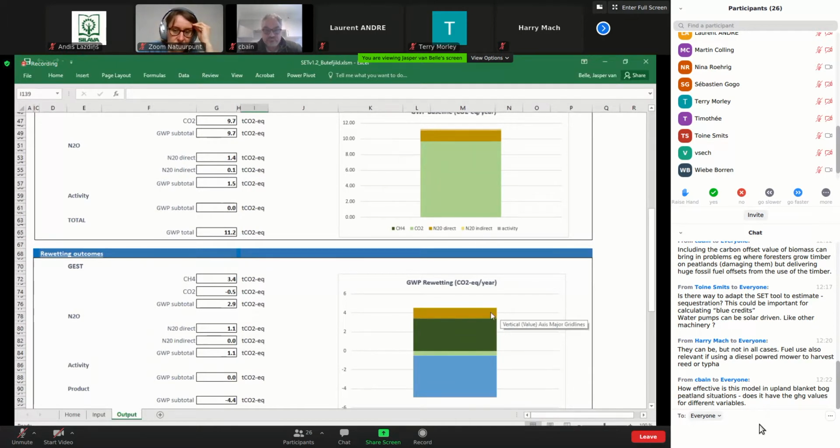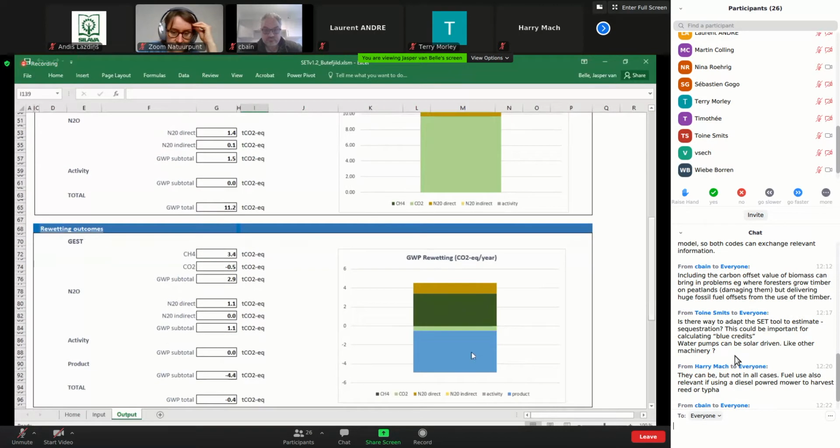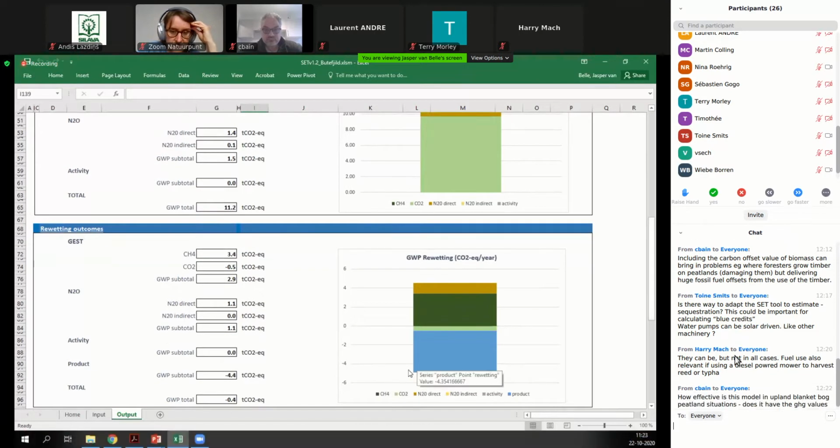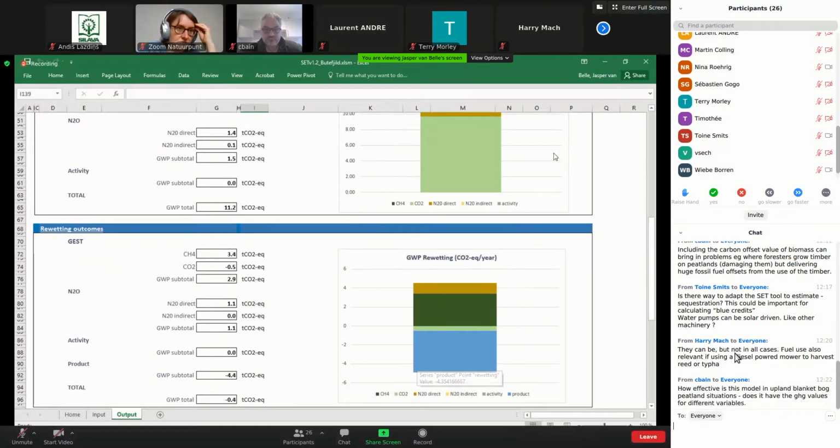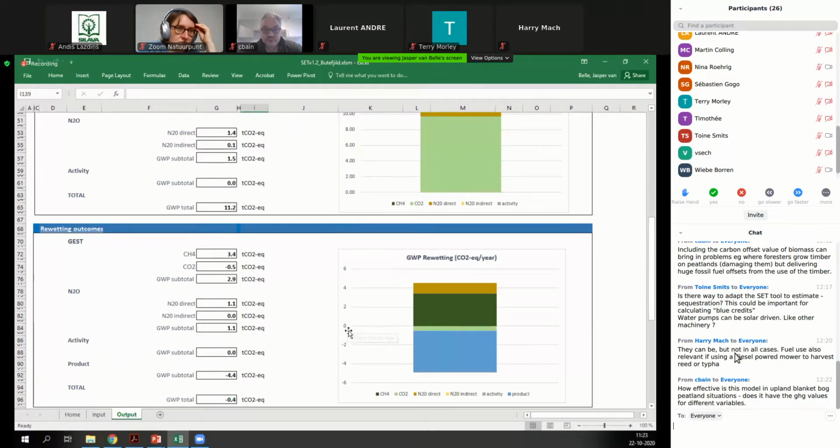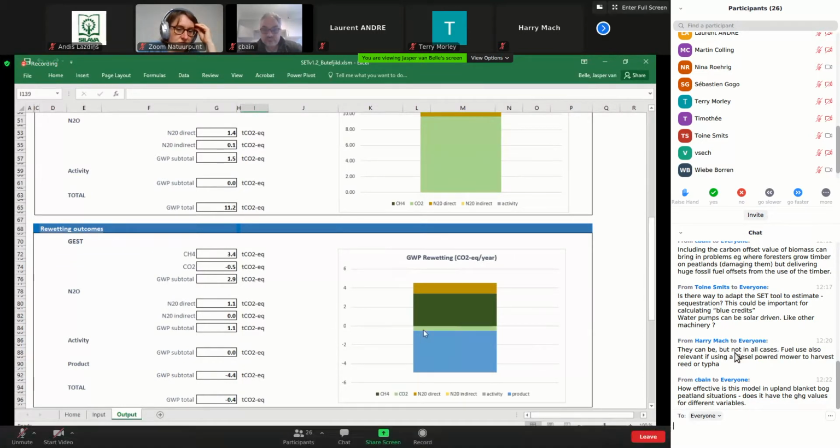But what you can see is that the light green is being replaced by dark green, and this is the always difficult transition from CO2 emissions to methane emissions. But what you also see is that the zero is here. So we have negative CO2 emissions, and the blue is savings from product use.